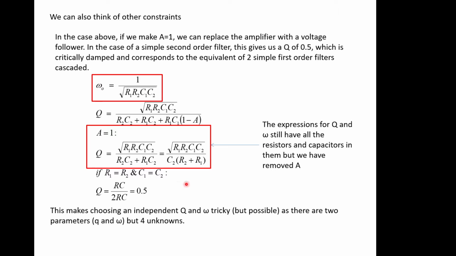So what we can actually do is we've still got control over the omega naught and the Q by looking at the R1s and the R's and the C's. And if we don't constrain them to be identical to each other, that may be the way forward. So what we've got to do is think of some more constraints to allow us to vary this Q, even if the gain is 1.